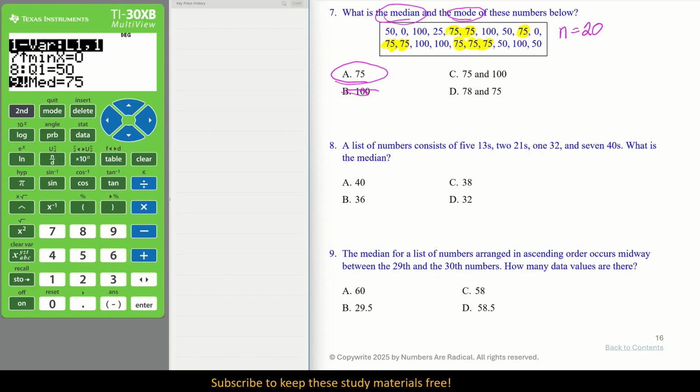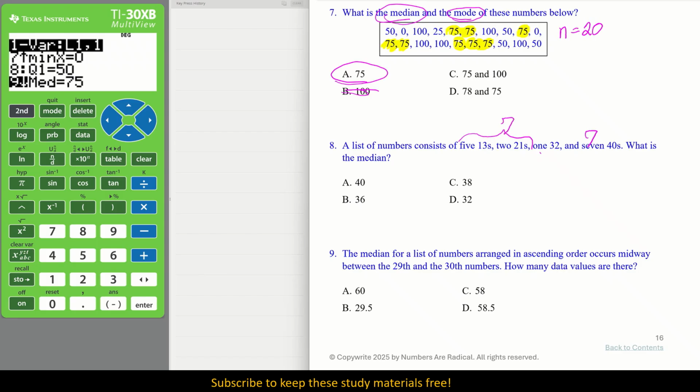Okay. Notice this is in order: 13, 21, 32, 40. So you can look at them as is. Okay. There are 7 of these. And when you put these guys together, there are 7 of those.